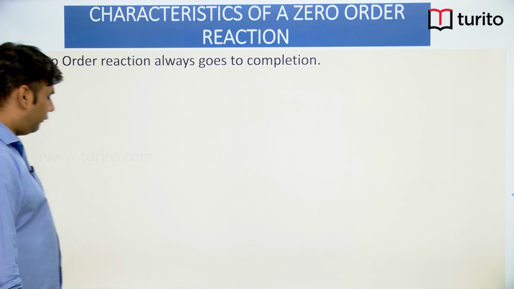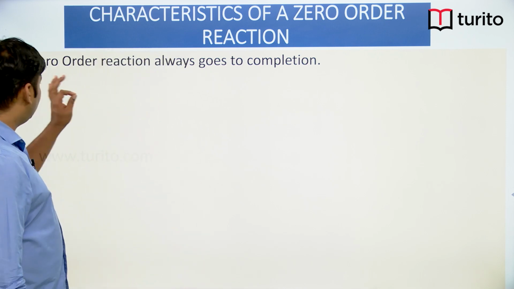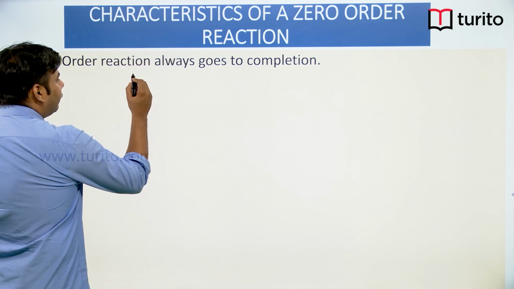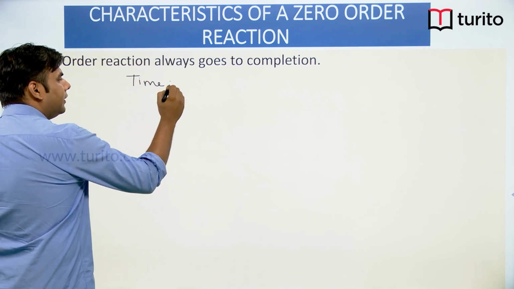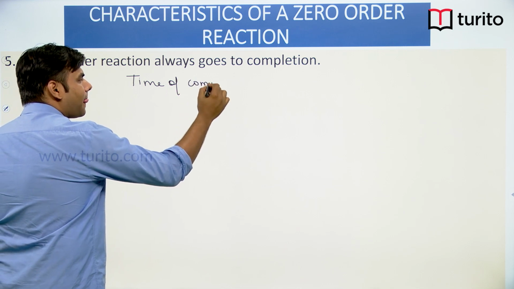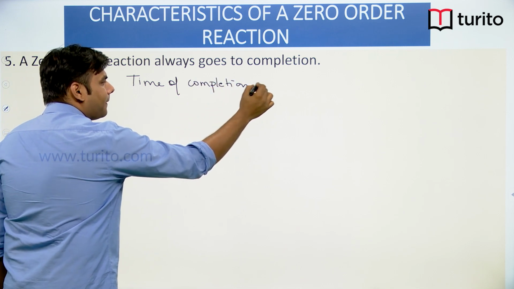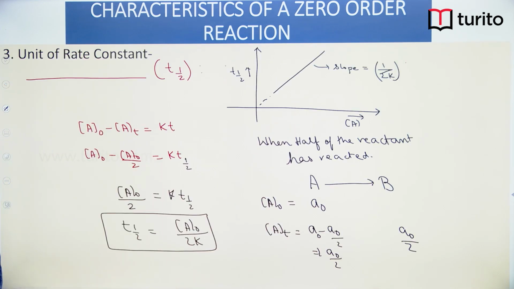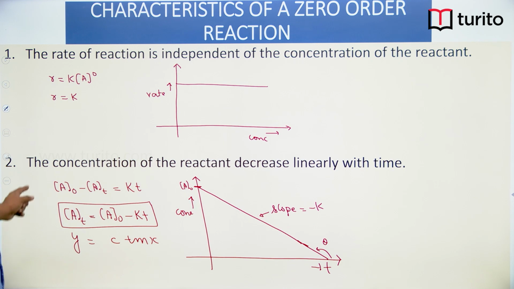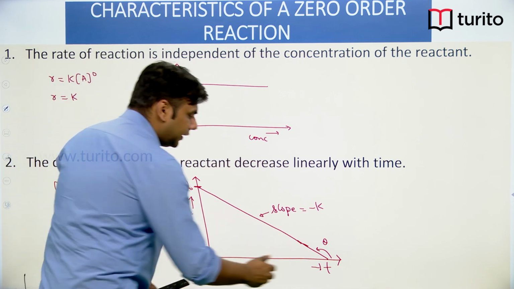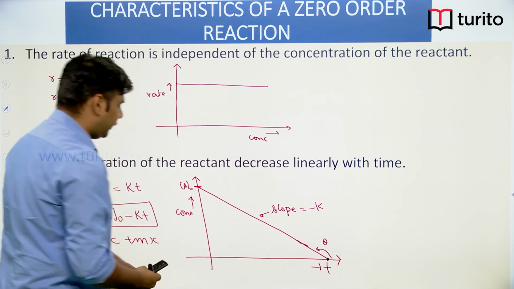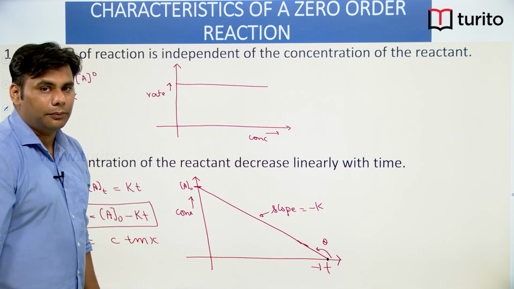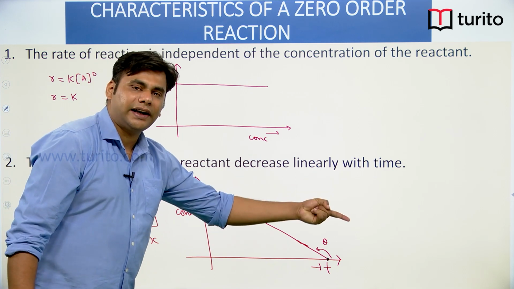Now a very important point is that a zero order reaction always goes to completion. Let the time of completion be Tc. If we look at the initial graph, you can see this is the time when the concentration of A reduces to 0. That means the reaction has gone to completion and the entire reactant has reacted.